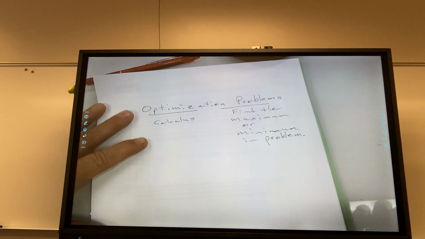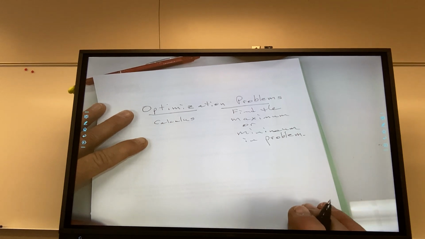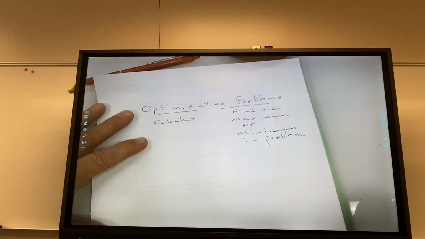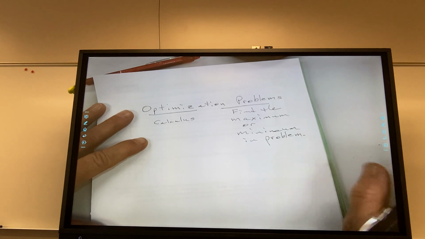Okay? And you know the calculus part of that. Basically, it's finding the derivative, making it equal to 0, correct? And taking that answer and plugging it into your original function, correct? Right? That's what we've been kind of working on for quite a while.